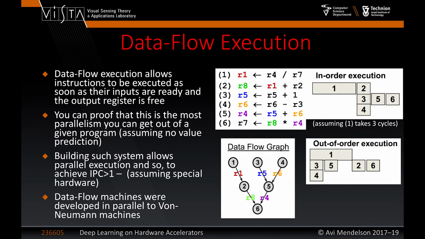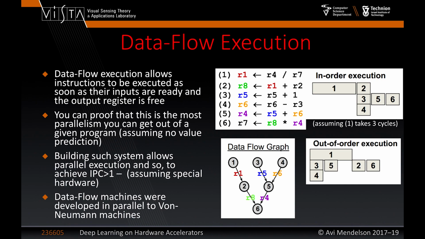Okay. So I asked if there are other alternatives, and apparently there is another alternative, which is not very common, or at least not in that sense very common, but it starts to be more and more common, and we'll address it. It's called Dataflow Execution.